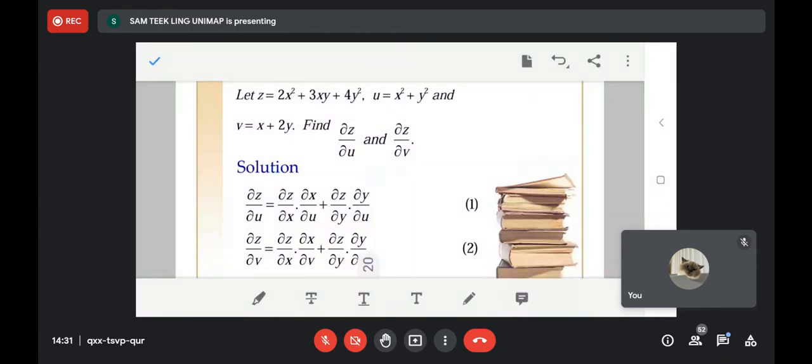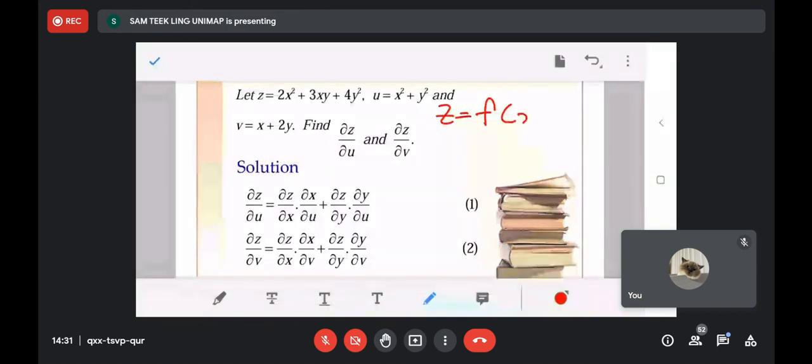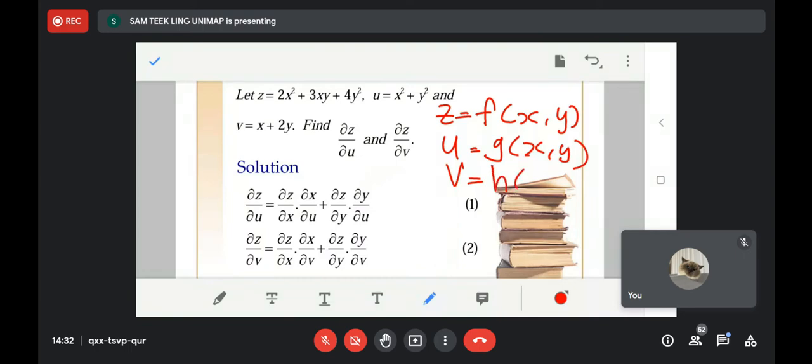So you can see this one, z is a function in variables x, y. Then your u, v are also functions in variables x, y. All three, z, u, and v, are in variables x, y.